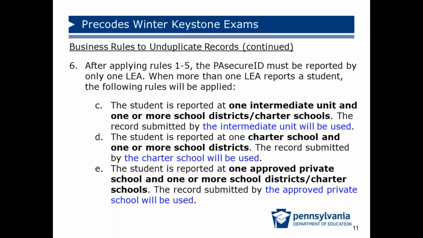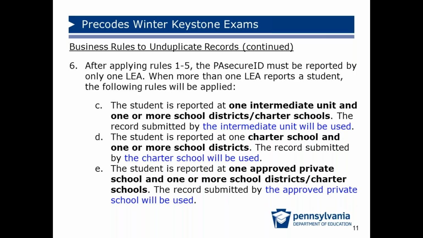If a student is reported at an IU and one or more school districts or charter schools, the record submitted by the IU will be the one that's used. If a charter school and one or more school districts submit a record, the record submitted by the charter school will be the one that's used. And if an APS and one or more school districts or charter schools submit a record for the same student, the one that is submitted by the APS is used.